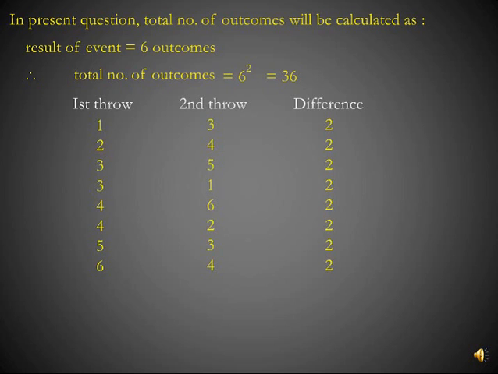It may come when the first throw shows 1 and second shows 3, or first shows 2 and second shows 4, or first comes 3 and second comes 5, or first comes 3 and second comes 1, and so on. So there are total 8 possible outcomes for that. So probability of A will be 8 upon 36, or you can say 2 upon 9.